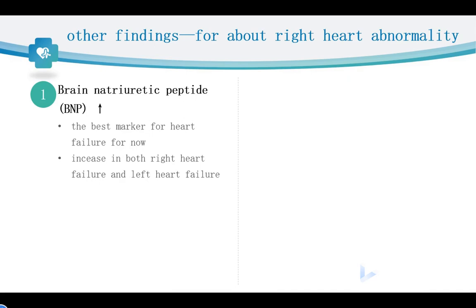BNP, the brain natriuretic peptide, is also an important examination for heart abnormality. The BNP, which has an opposite effect to the antidiuretic hormone, ADH, is a substance secreted by the brain.